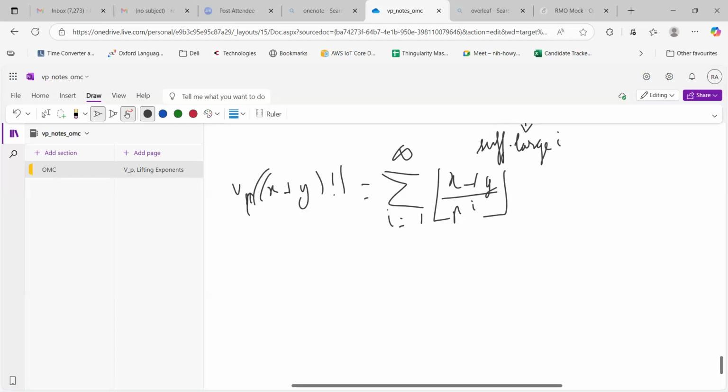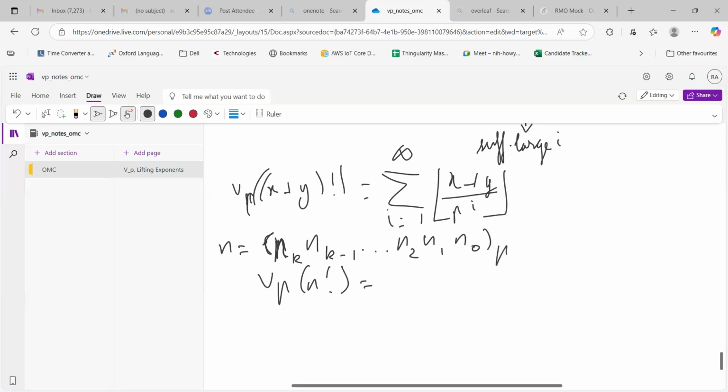Yes. Okay. Now there is another very useful formula for n factorial. Essentially the way it's defined is if I consider the base p representation of n. So if I write n is equal to n_k, n_(k minus 1), and so on till n_2, n_1, n_0 in base p.